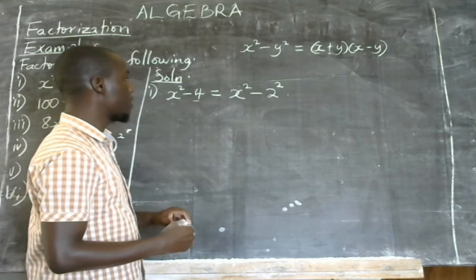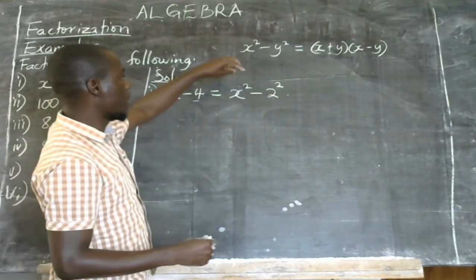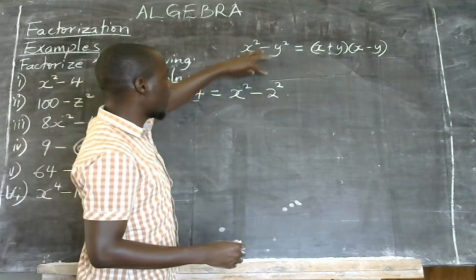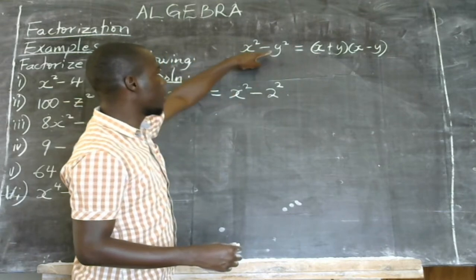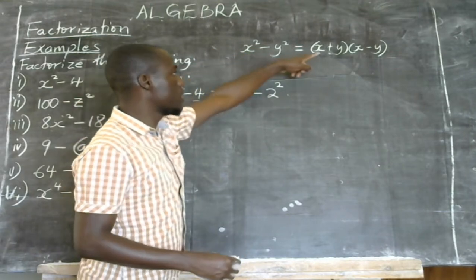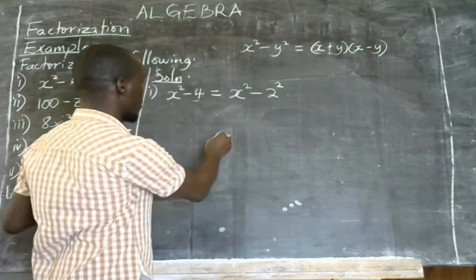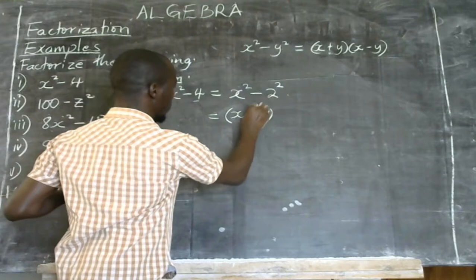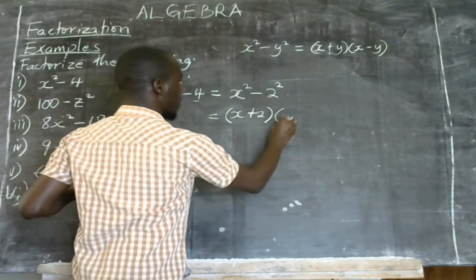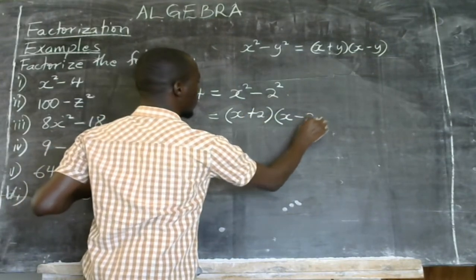So 4 is the same as 2 squared. Then I use this identity, where I have the x there, then the y is my 2. Then I write the other side. So this is going to be equal to x plus 2, then into x minus 2.